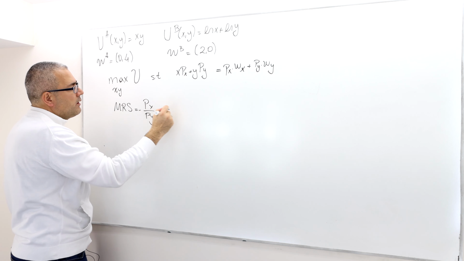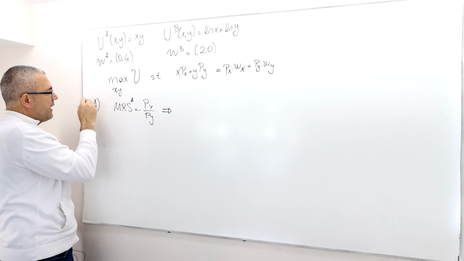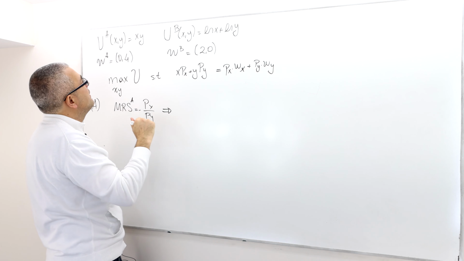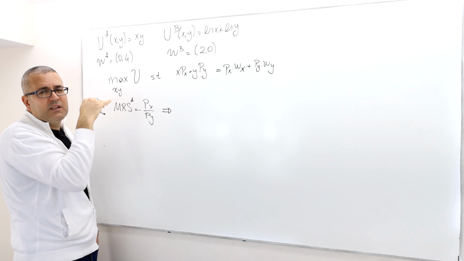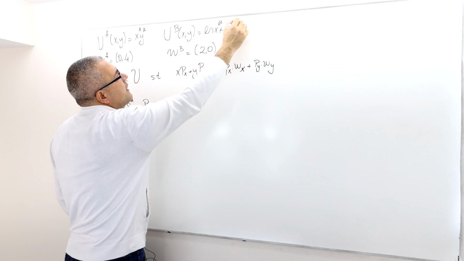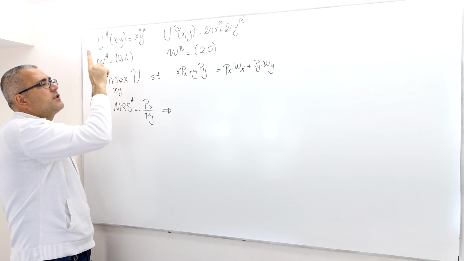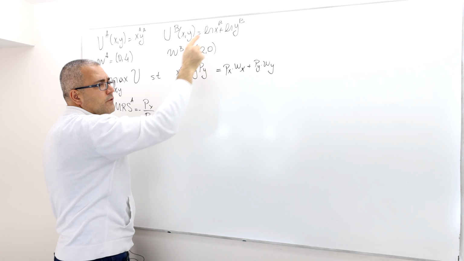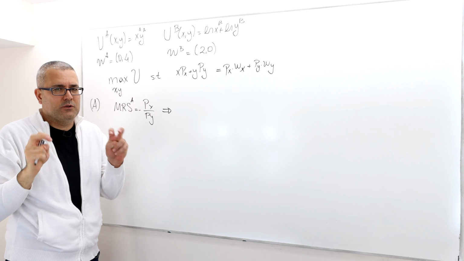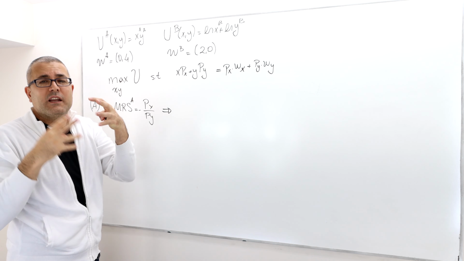All right, so what does that mean? I'm going to do this first for agent A and then B. Maybe it's time to put A here and B here, because this is consumption of good X for agent A, and this is consumption of good X for agent B, and agents A and B may consume different amounts of good X. So these terms are going to be different.